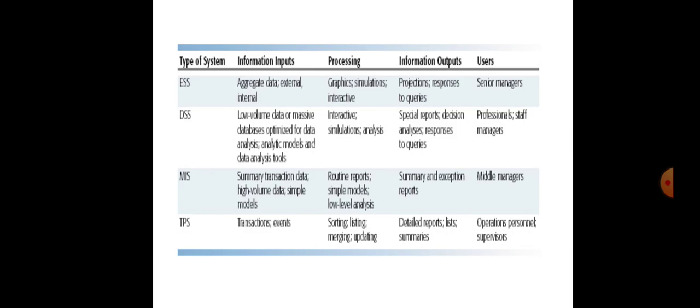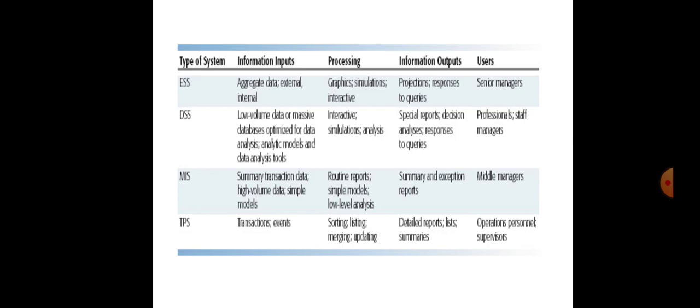For example, employee payroll has to be calculated every month, or employee attendance and monitoring systems like login and logout, and registration for different kinds of activities. This continues on a regular basis, so we use MIS for this. The output is summary and exception reports, used by the middle managers.